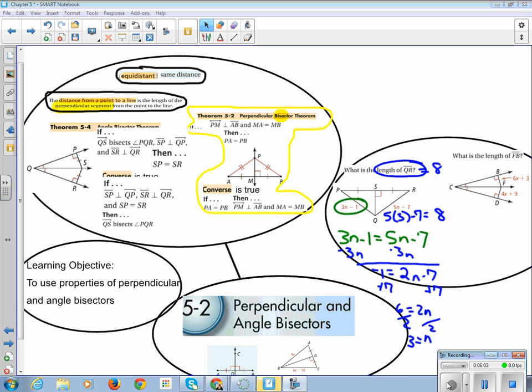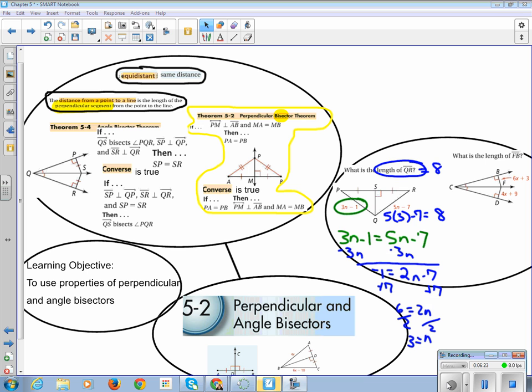All right, so our second problem is what is the length of FB, and that's this little guy here. Right now we know he's equal to 6x plus 3, and this takes the converse. That's this picture here. So it's the same picture as this property.